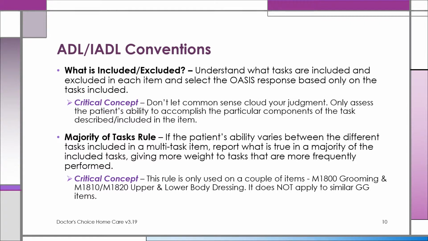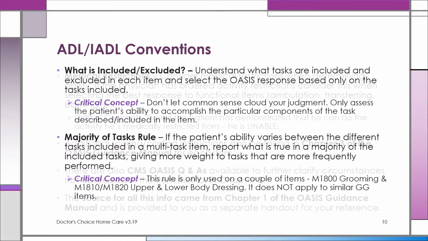And note that the GG items and 1800s do not necessarily match, because there are different item intents for these two different OASIS scores. So make sure that you're looking at these OASIS items individually and don't be thrown off by them maybe not always matching how you would score them.